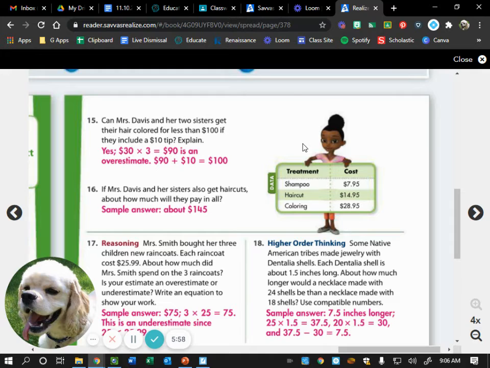We rounded up. So the number we're getting is higher than the actual cost of getting their hair colored and adding a $10 tip. So technically, yes, it would be less than $100 to do all of that, because it is an overestimate.